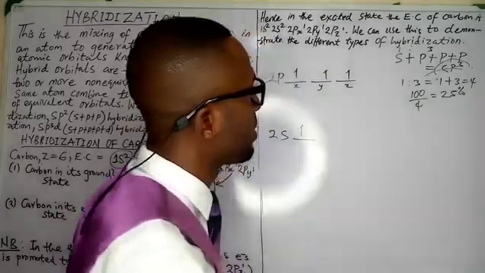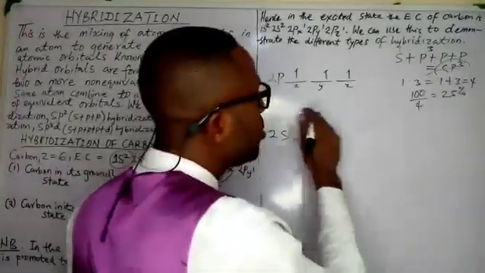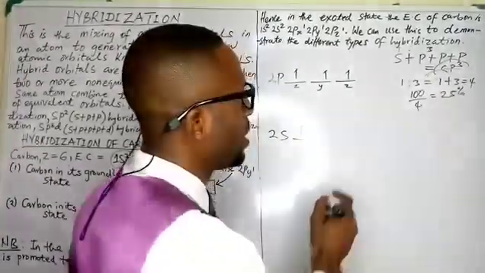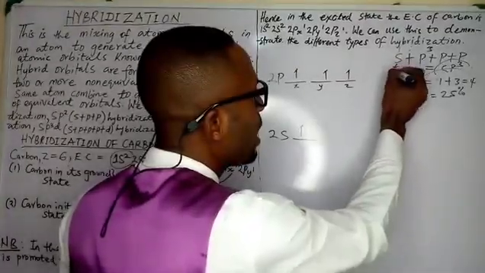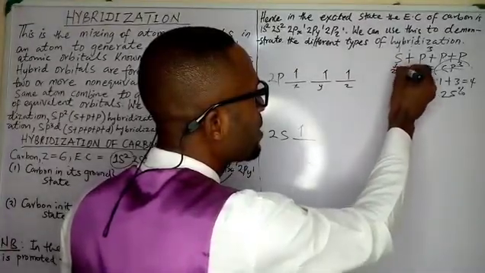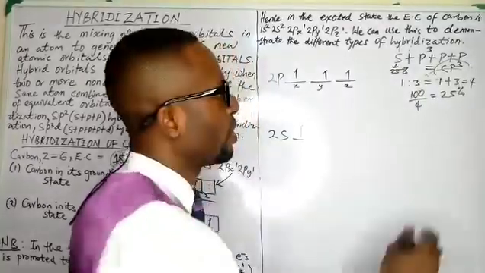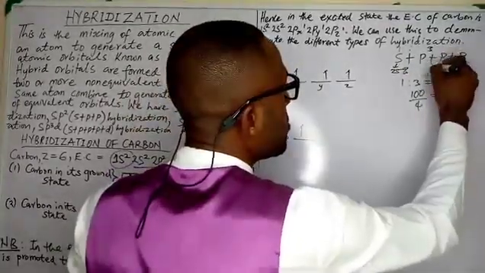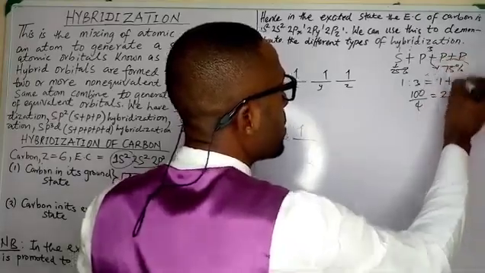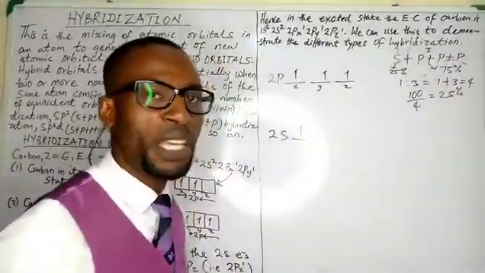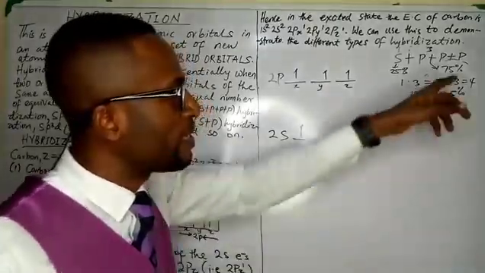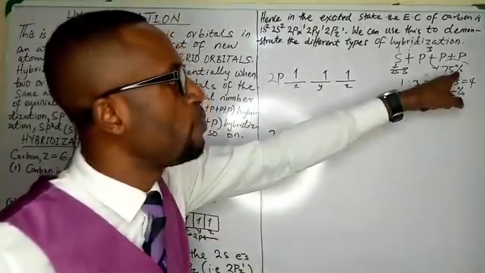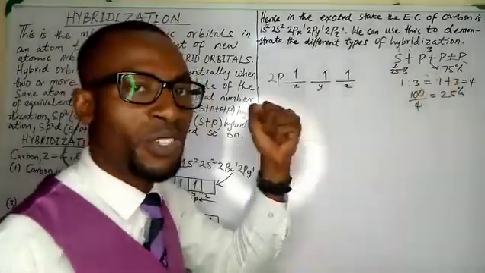Okay? Nice. So that means that these new orbitals we are going to make are going to have 25% s attribute. Of course, what is remaining here is 75%. So it's going to have 75% of what? Of the p attributes. So definitely you can see that in terms of strength, the p species has more strength.